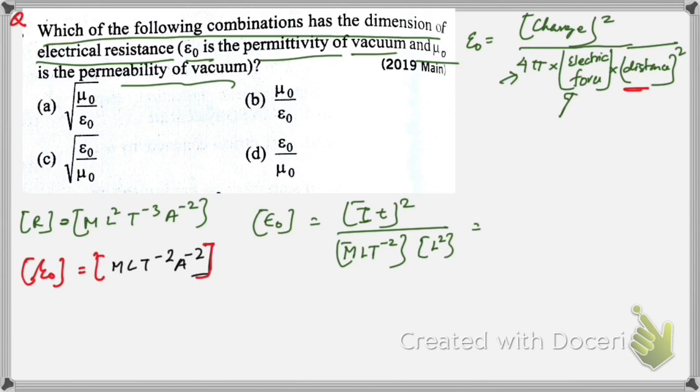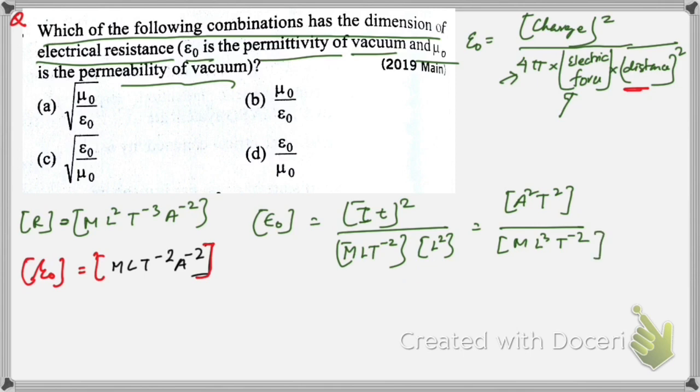So here the dimension of current we're going to write A, so as there is a square, and that of t is time here, so M L cube T to the power minus 2 if you multiply these two, right?